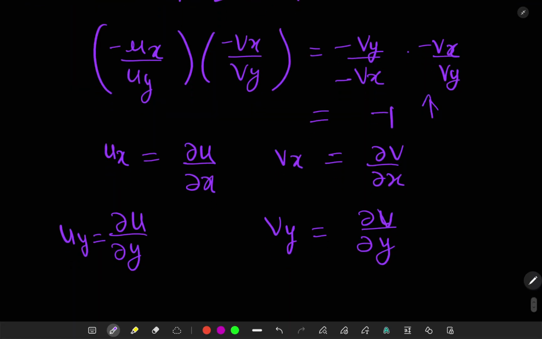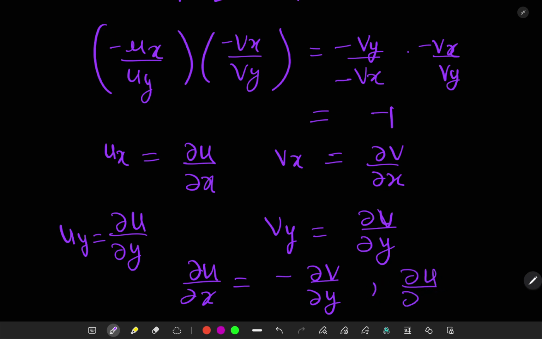Here we use Cauchy Riemann equation, which states that del u over del x is equal to del v over del y, and del u over del y equals minus del v over del x. Sorry, this is plus and this is minus.